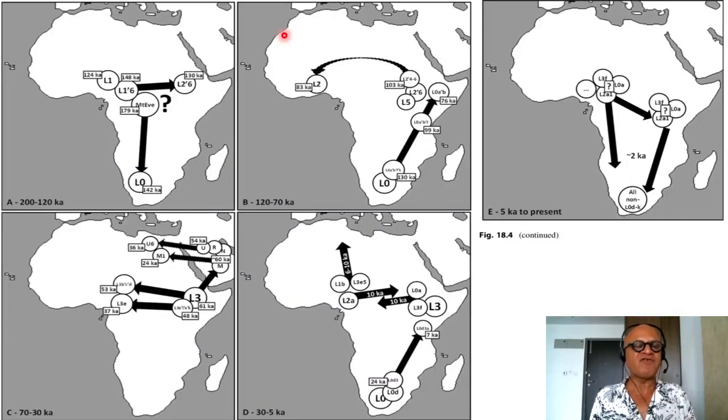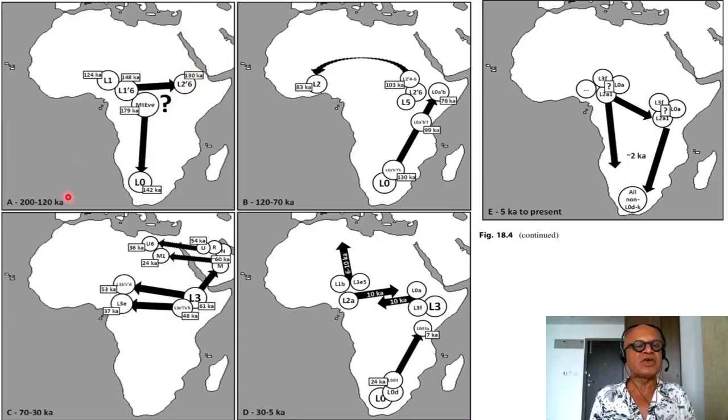Just to revisit Africa in terms of movements, we looked at it in terms of genetics and potential mixing with one particular group here and then migrating out and so on.